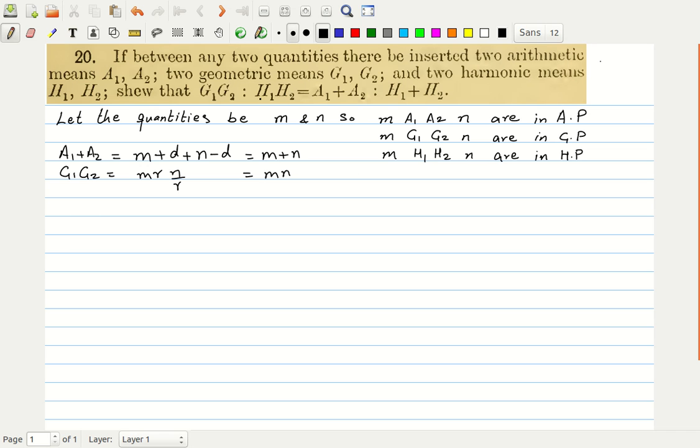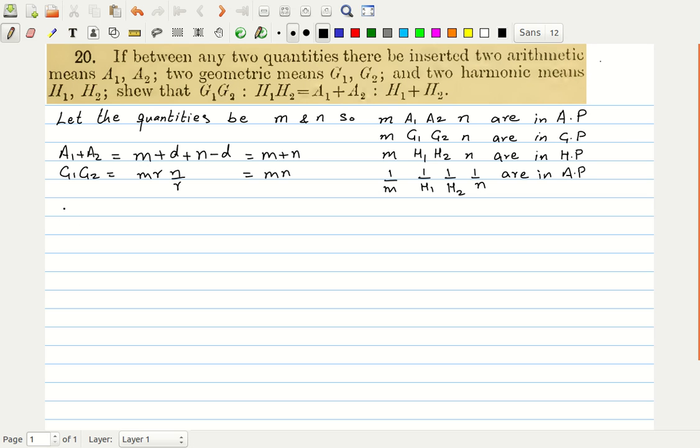Now let us come to the harmonic mean section. We know that if m, h1, h2 and n are in HP, then 1 by m, 1 by h1, 1 by h2 and 1 by n are in AP, right? So let us write h1 and h2 only in terms of m and n.